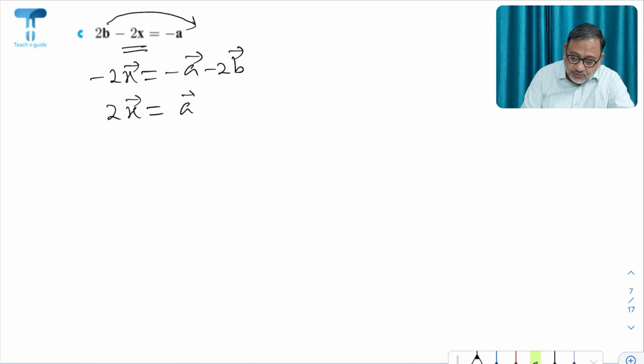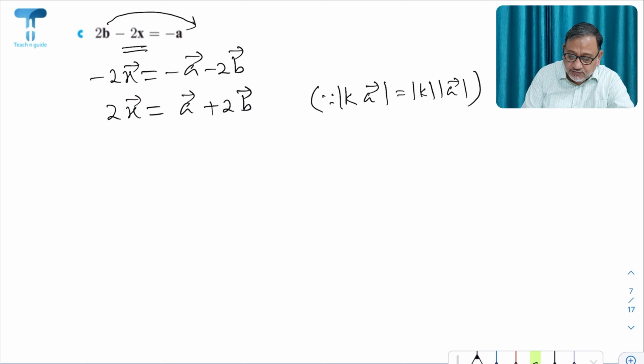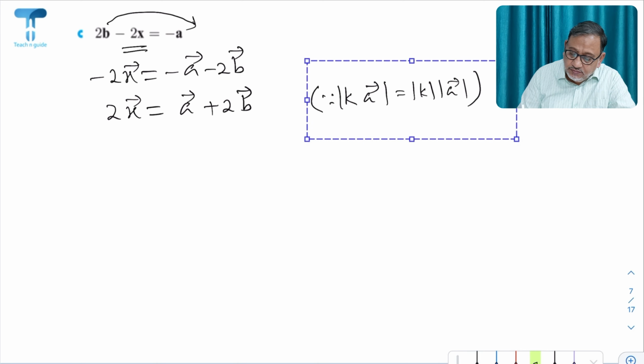So it will be plus A and plus 2B, because we know that k into vector A, if it is like this, then I can separate them, k into magnitude of vector A. Like that also we can write. But here it is not required in this way.